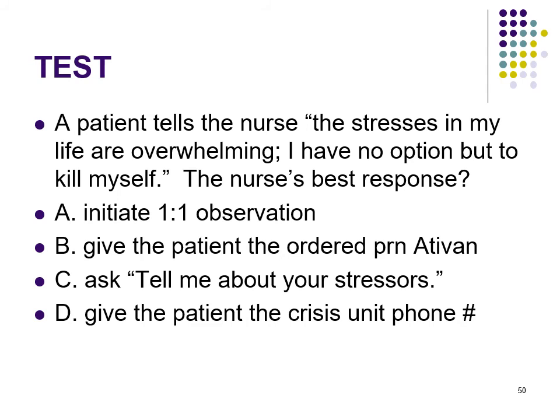And if they're on an outpatient type of setting and you don't think you have to go to all the effort to put them on a 5150 and get them hospitalized for their safety, you can give them a crisis unit number.